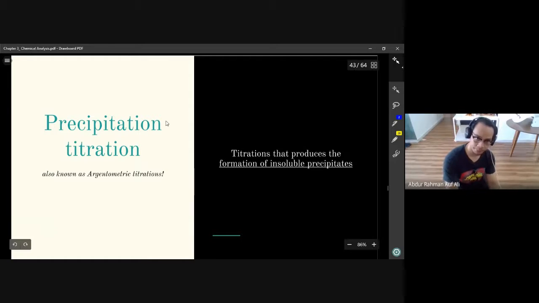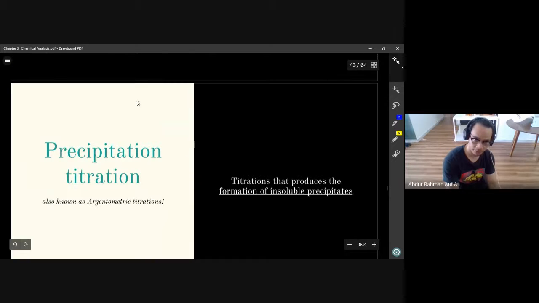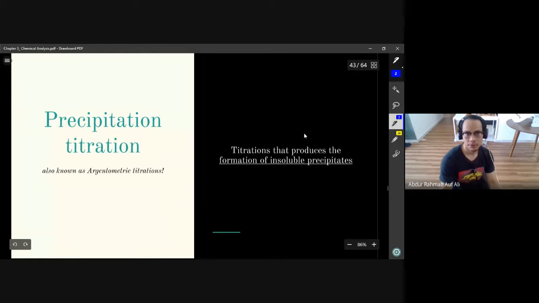So from the name, kita dah boleh identify it is a type of titration that produces precipitation, the formation of insoluble precipitates, bahan mendakan yang tidak boleh larut.